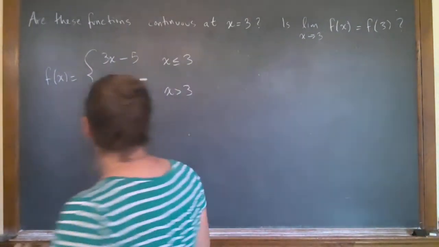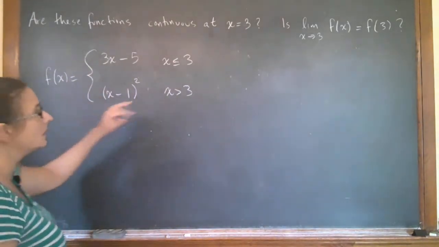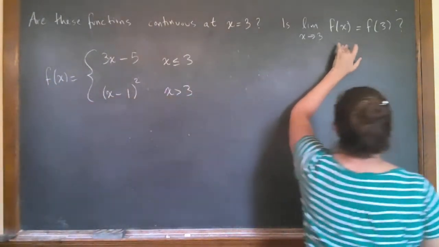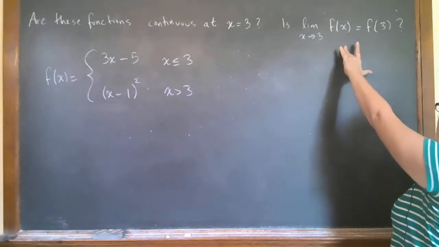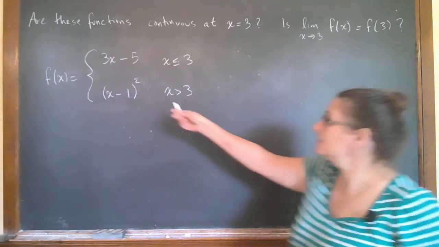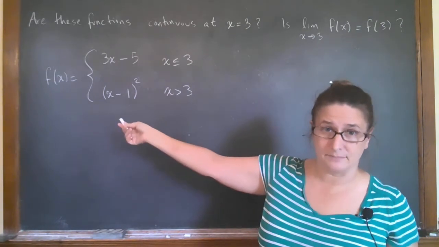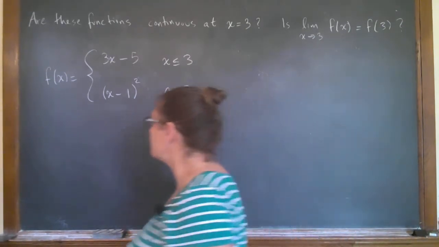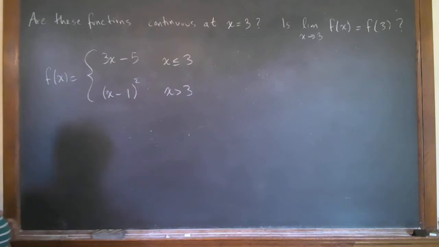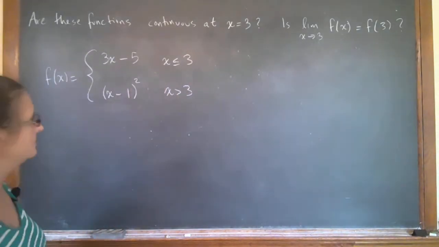So if I'm looking to take the limit here, I'm going to have to look at the limit from the left-hand side and the right-hand side because the function is different on each piece. So first of all, I have to figure out if the limit exists, and then I have to figure out if it's the right value.